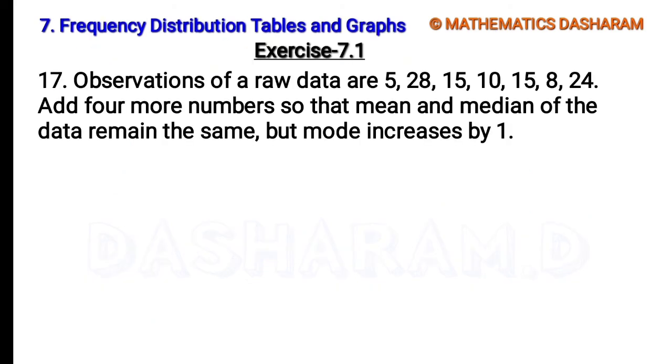Now as per the question, add 4 more numbers, so already 7 numbers are given, add 4 more so that the mean and median of the data remain the same. Even after adding 4 more numbers to these 7 numbers, a total of 11 numbers will become. So then the mean and median remain the same. That means the mean and median are again 15, but the mode increases by 1.